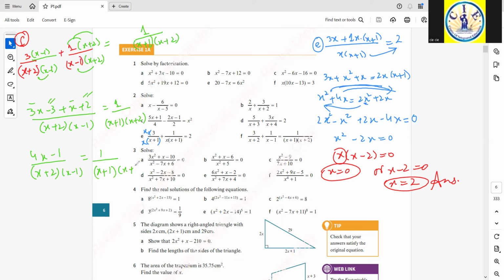Okay, now I can easily cancel this x plus 2. How? Let me clarify.